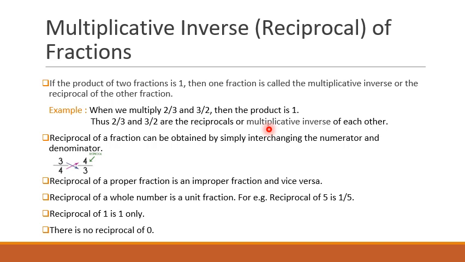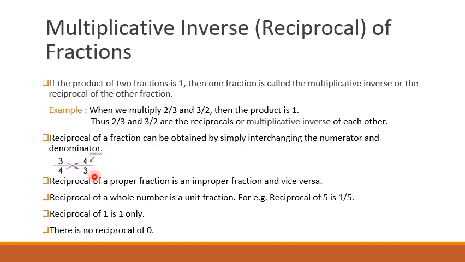In simpler words, I can say that reciprocal of a fraction can be obtained by interchanging the numerator and the denominator. Say for example, if I write a fraction 3 by 4, then if I interchange the numerator and denominator, so numerator goes in denominator and denominator goes as numerator.